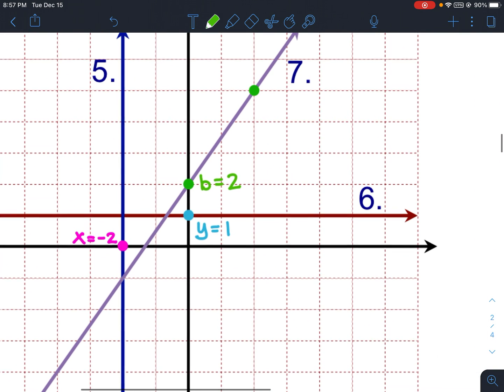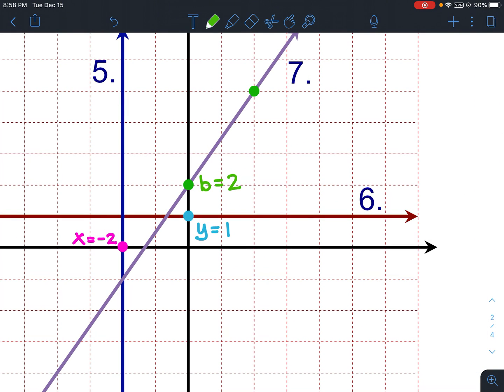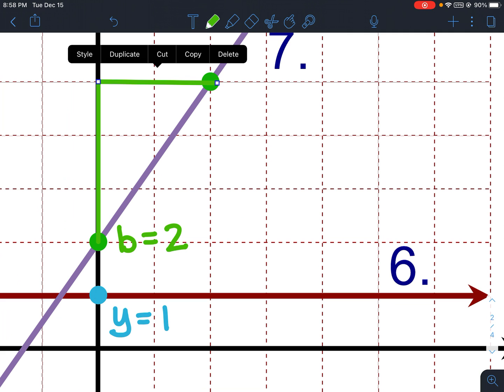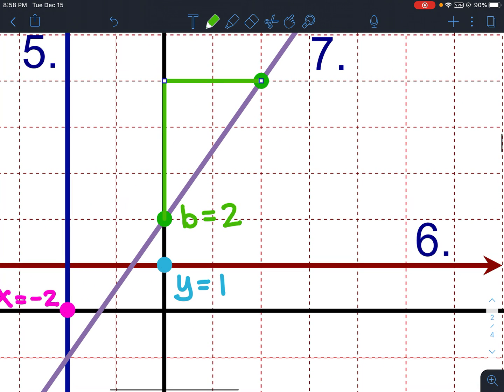Now I need to find my slope. And remember, slope is rise over run. So this would be my rise. And that would be my run. So what is my rise?